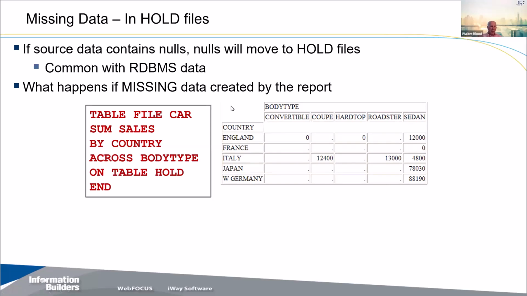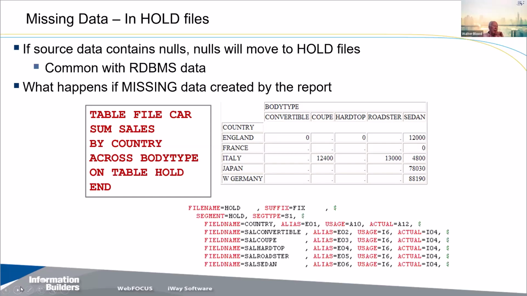There was no convertible body type for France. It didn't exist. It's not that it had zero values. It didn't exist. And when I put this into a hold file, I have to be able to determine how to deal with that. And I can do that.